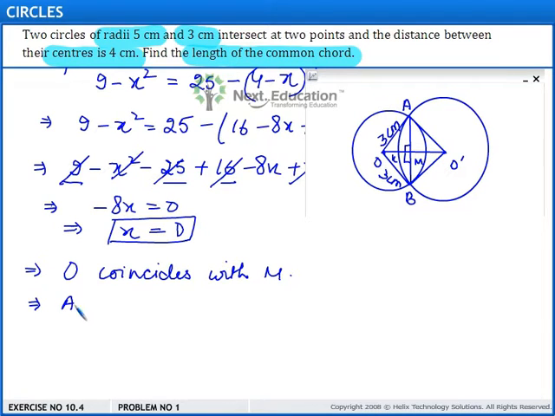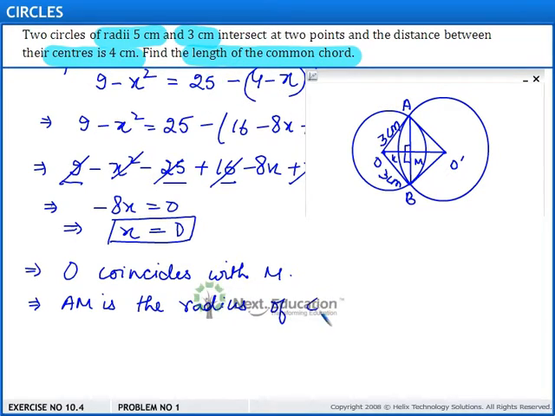This implies that AM is the radius of the circle with center O and radius 3 centimeters.